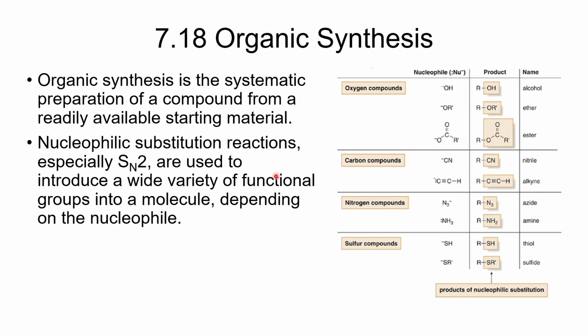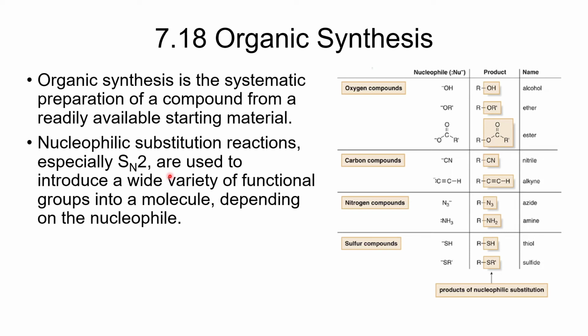So as you go through organic chemistry, I want you to remember how to make these things. I don't want you to forget these reactions, so you will want to know how to do these kinds of reactions. We are going to find that SN2 reactions tend to be more useful and more reliable than the SN1.